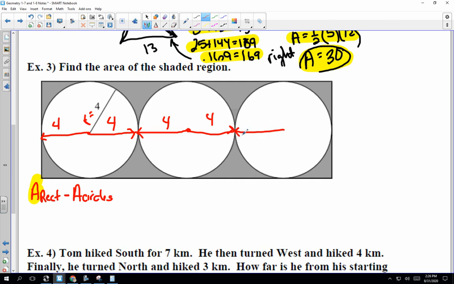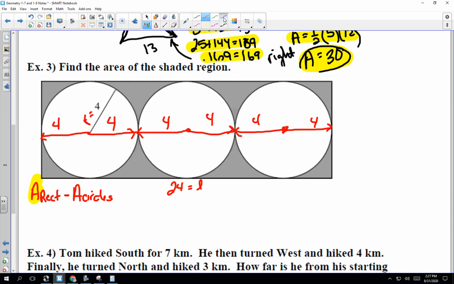And this is 4. And this is 4. So when they give you a radius of a circle, they really give you a lot of information. So all together, this whole 4 plus 4 is 8, plus 4 is 12, plus 4 is 16, plus 4 is 20, plus 4 is 24. So we know that the length is 24.